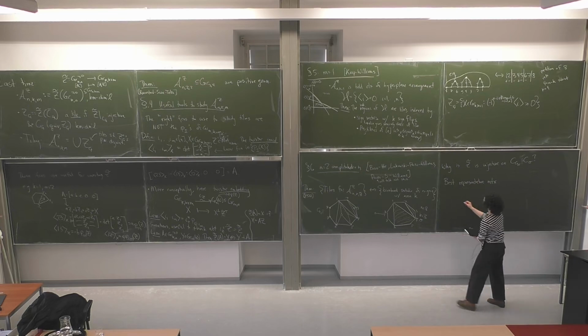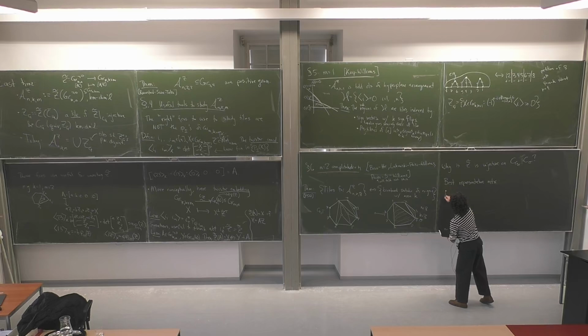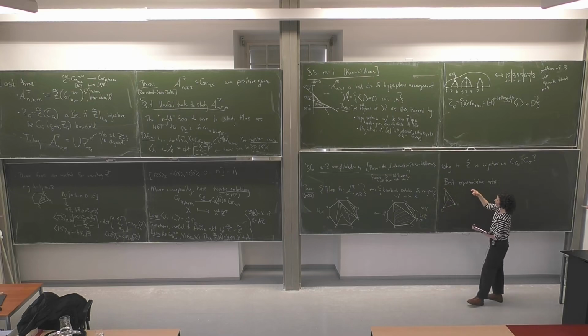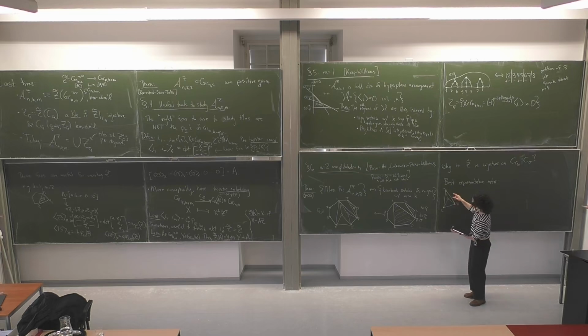For each black triangle in my subdivision, I have my little tripod in my graph. And maybe the vertices of this triangle are A, B, and C. The representative matrix, I should write it down in terms of the edge weights of this graph. So let me give the edge weights names. This one is alpha I, this one is beta I, and this one is gamma I.